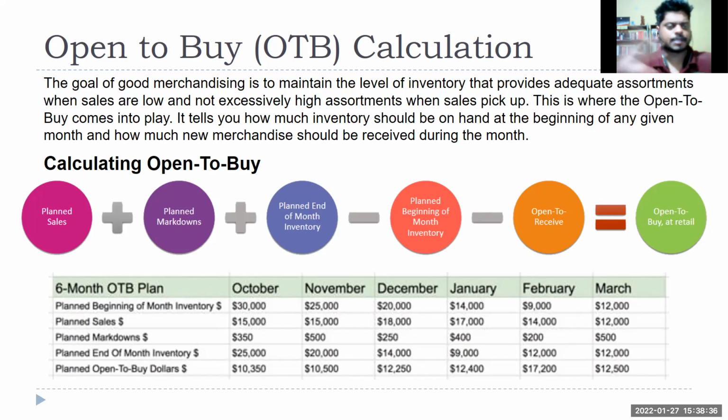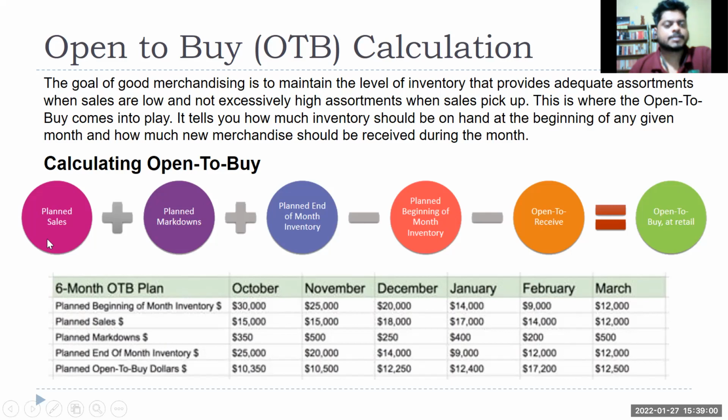Let's say no sales, no orders happening. That means 20 lakh of inventory will be sold. That is my assumption, because month end inventory of January is 1 crore and month end inventory of February I'm planning for 80 lakhs. That means I'm assuming 20 lakhs of inventory will be gone, right?